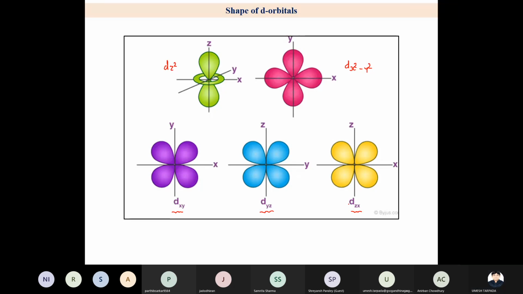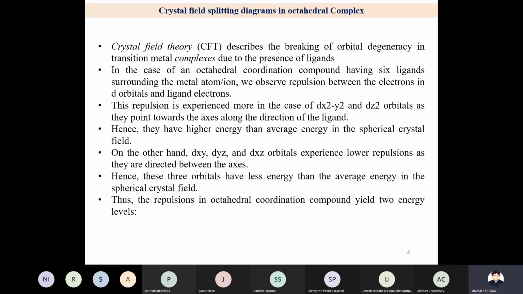So in this case, see what actually happens in crystal field splitting. CFT describes the breaking of orbital degeneracy in a transition metal complex due to the presence of ligands. There are 5 d orbitals. Initially, in a free metal ion, all the 5 d orbitals have similar energy. There is no splitting.